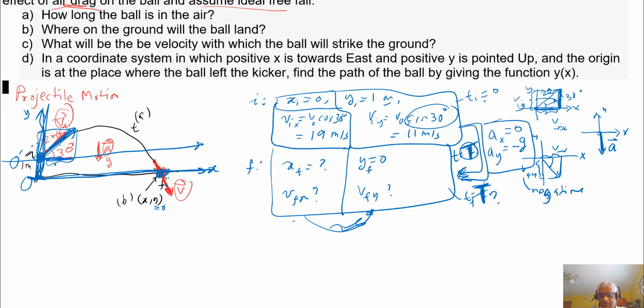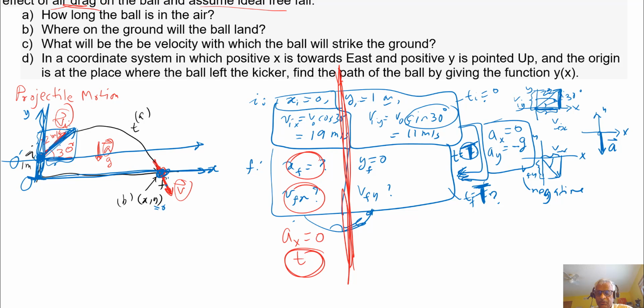It seems like the equation to use is Y final minus Y initial equal to V0y t plus half ay t square. And you can see there is only one unknown here. Everything is known. So Y final is 0, this is -1, this is 1, so this becomes -1.